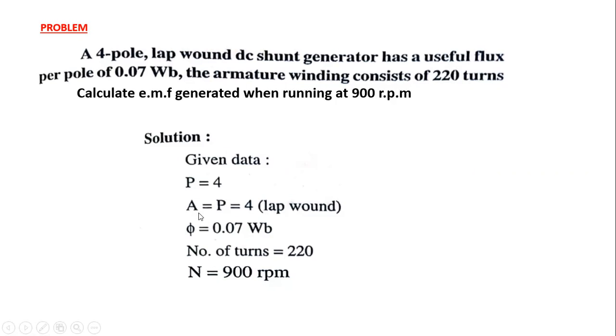Lap winding means A is equal to P, and phi is equal to 0.07 Webers. The number of turns is 220 turns, and N is 900 RPM. This is the given data.